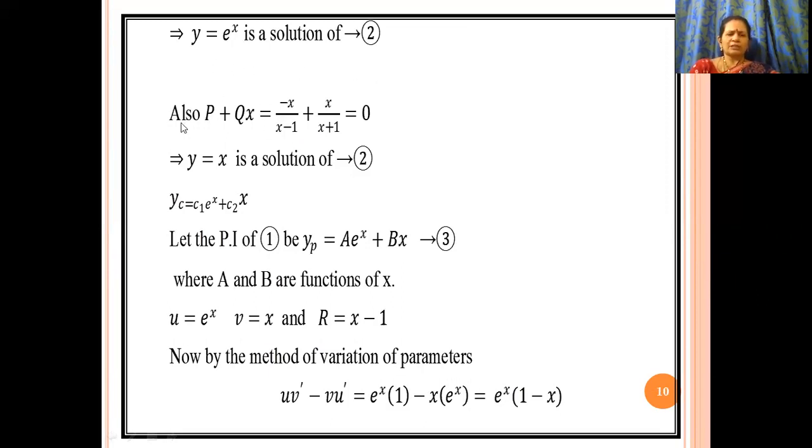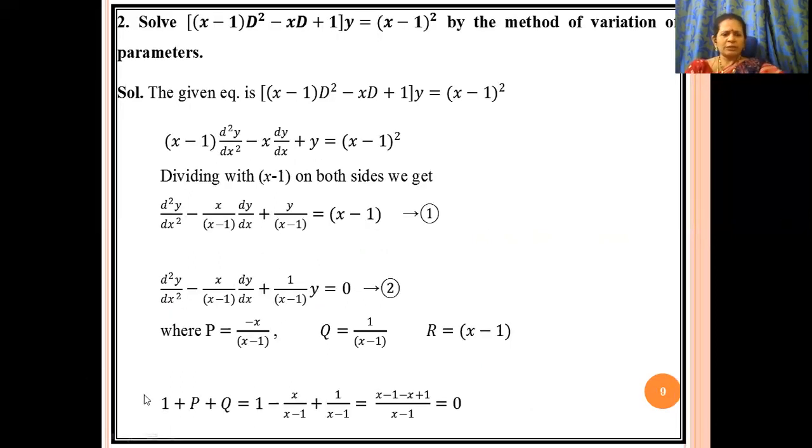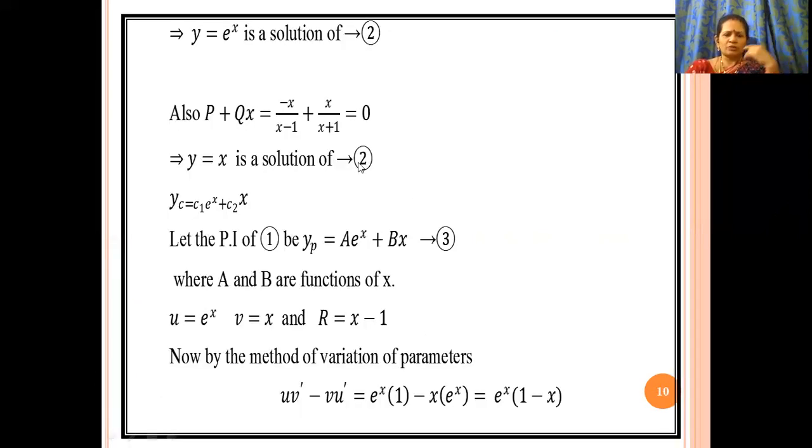After getting this, we also have to find the second solution, because we have to find two values. By the inspection method, two values will be satisfied here. The previous one, 1 plus p plus q, was satisfied, and also p plus qx is satisfied here.